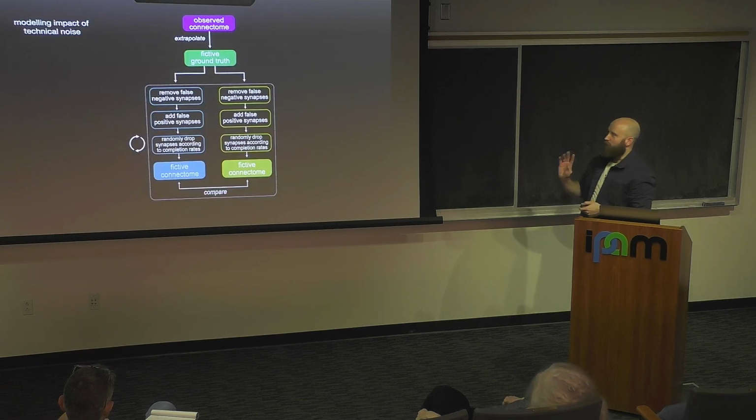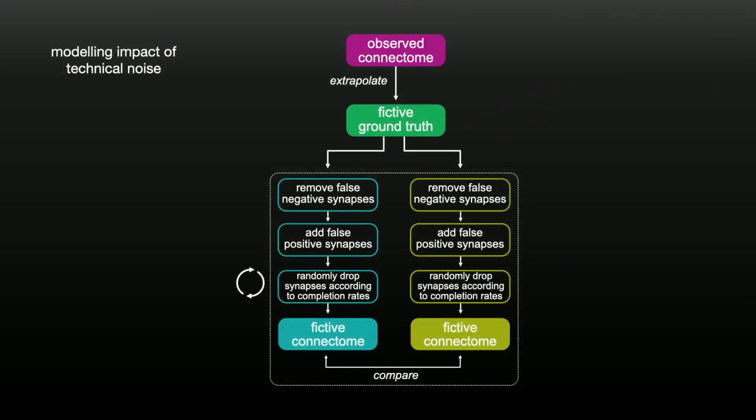So what we did is we built a crappy little model. I'm saying crappy because that's a biologist trying to do math. It should be the other way around. But essentially, we took the observed connectome, our partially proofread connectome. We extrapolated a fictive ground truth, so the original brain, from it.